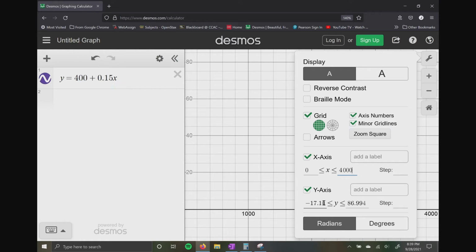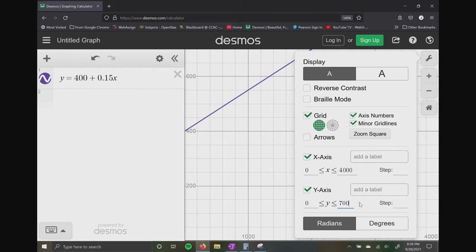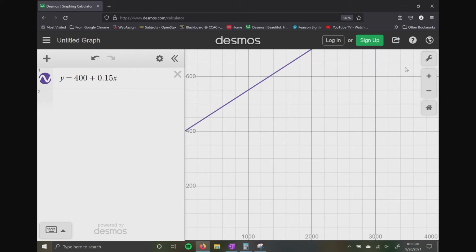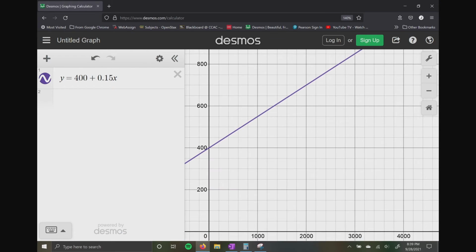Now, my y-axis, all right, I'm going to make this 0. And I'm going to go ahead and make this something along the lines of, we'll say 700 for now. Okay? And all I got to do is just click on graph settings again, and it goes away. So then I just kind of move it out a little bit.